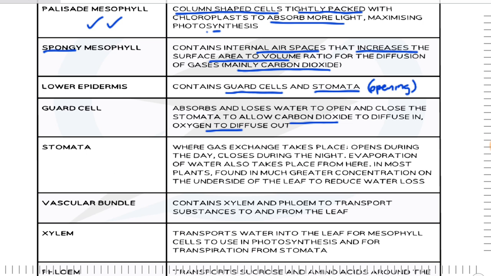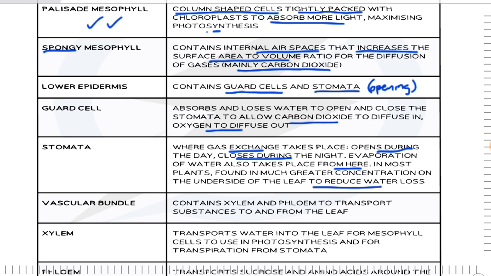Then the stomata, the opening, that's where the gas exchange takes place. It opens during the day and closes during the night. Evaporation of water also takes place from here. In most plants they are found in much greater concentrations on the underside of the leaf to reduce water loss.